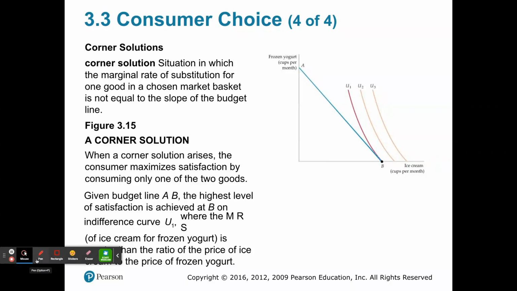Now, it is possible to get what's called a corner solution. Corner solutions are somewhat unique, so I'm not exactly sure why they want to show it to you, but they do.